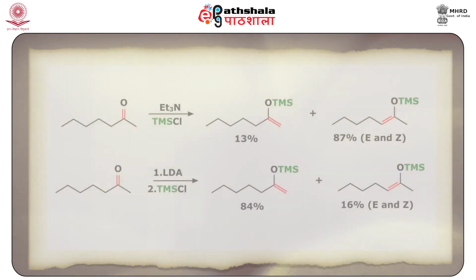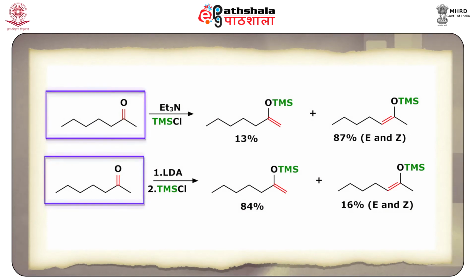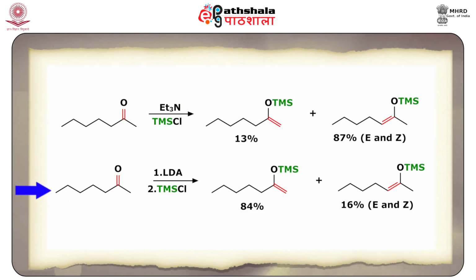For example, with the same substrate, the use of strong and bulky base LDA, that is lithium diisopropylamide, at low temperature yielded 84% of the less stable kinetically controlled product, while the use of triethylamine as the base at ambient temperature gave around 87% of the more stable enolate, which is the thermodynamically controlled product.